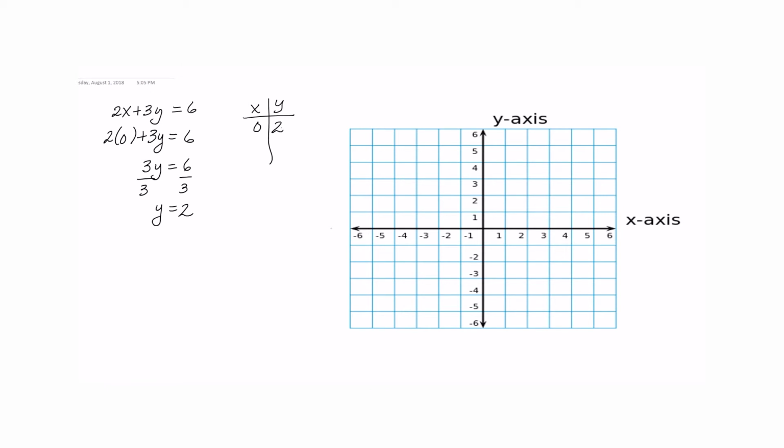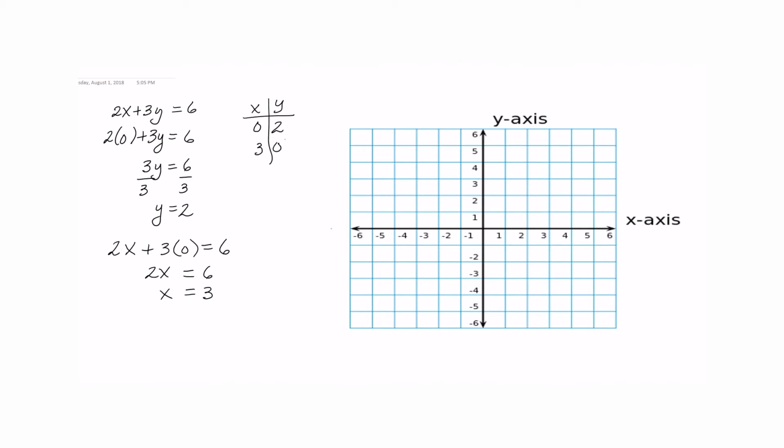Now, suppose I put in 0 for y. That's going to give me 2x plus 3 times 0 equals 6, which leaves me with 2x being equal to 6. Therefore, x is going to be 6 divided by 2, so x is 3. So when x is 3, y is 0.